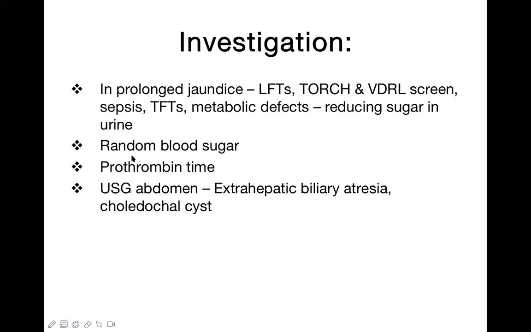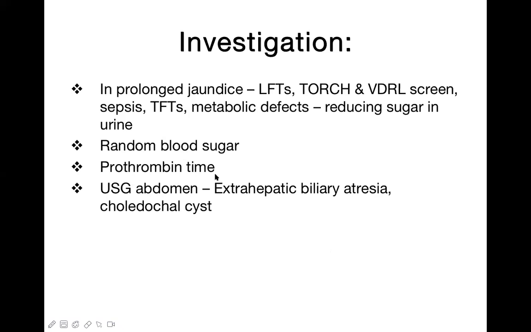Check the blood sugar, and blood sugar may be decreased in case of infant of diabetic mother. It is decreased, not increased. Hypoglycemia is very common in infant of diabetic mother, and infant of diabetic mother has a very high chance of jaundice.